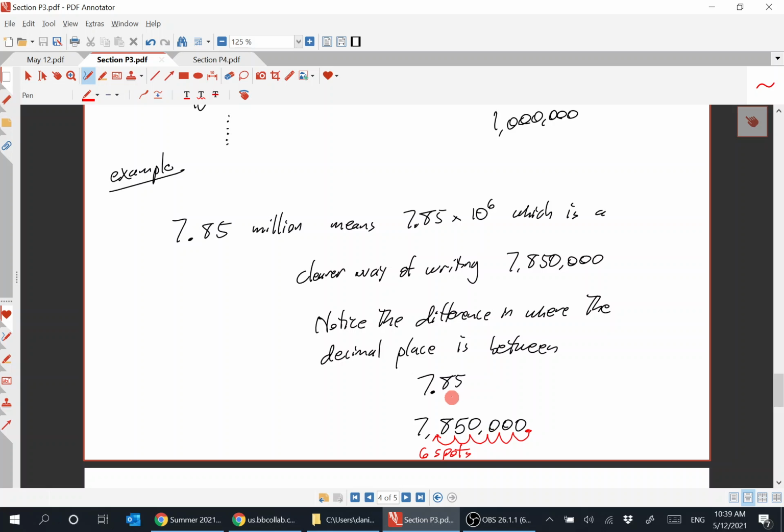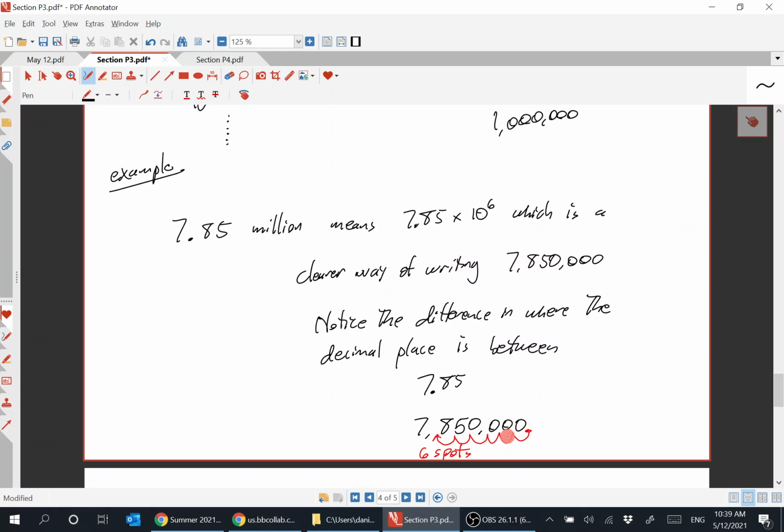Okay, so when you say 7.85 million, what you want to do is write 7.85 times 10 to the 6. And the 10 to the 6 means shift the decimal place backward 6 spots. So you have 7.85, and you shift the decimal place back 6 spots, and that gives you 7,850,000.